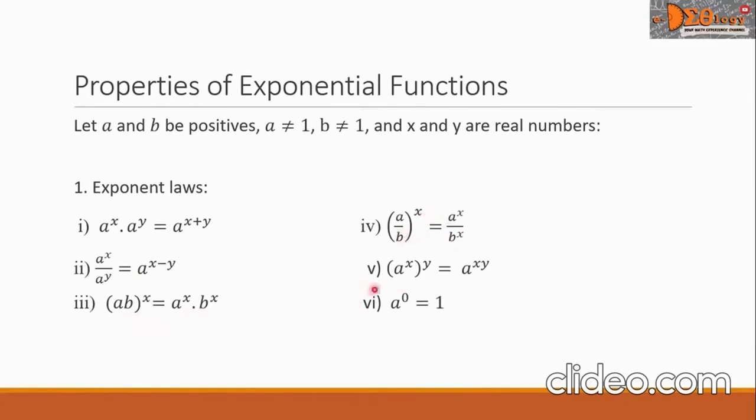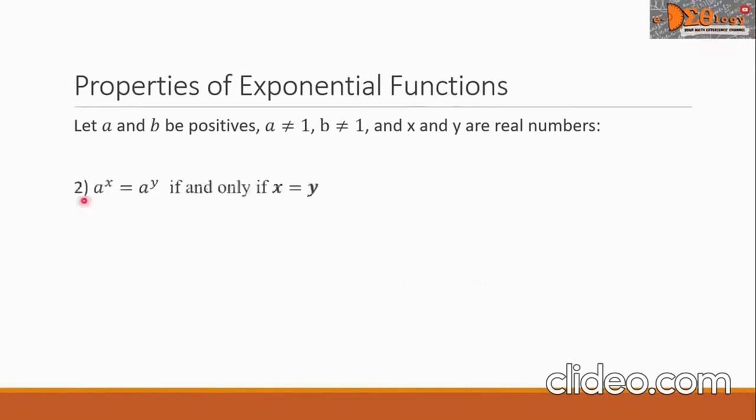Law number 5, a raised to x and the quantity is raised to y. This is equal to a raised to the product of xy. Law number 6, a raised to 0 equals 1. Property number 2 is a raised to x equals a raised to y if and only if x equals y.